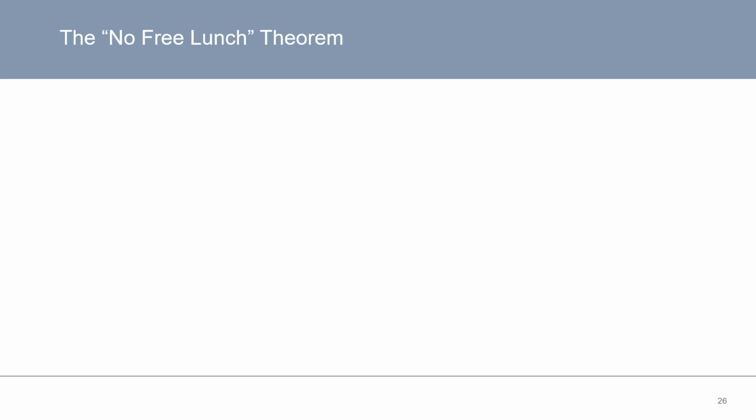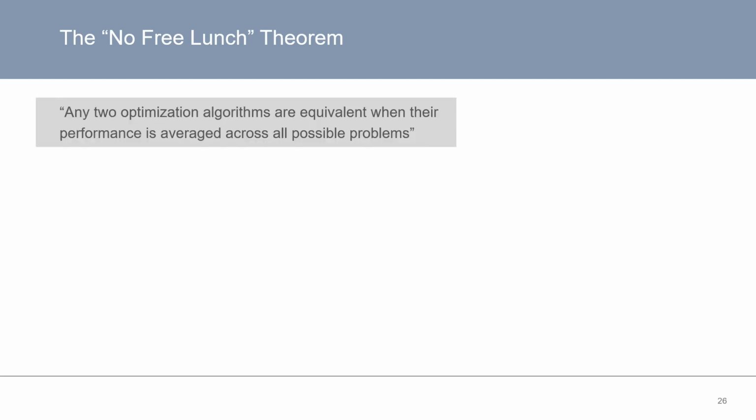Before moving on to modeling, let's briefly talk about the no free lunch theorem. In short, this states that any two optimization algorithms are equivalent when their performance is averaged across all possible problems. Another way of thinking about this is that there's no single algorithm that can be expected to perform optimally across all problems or datasets.